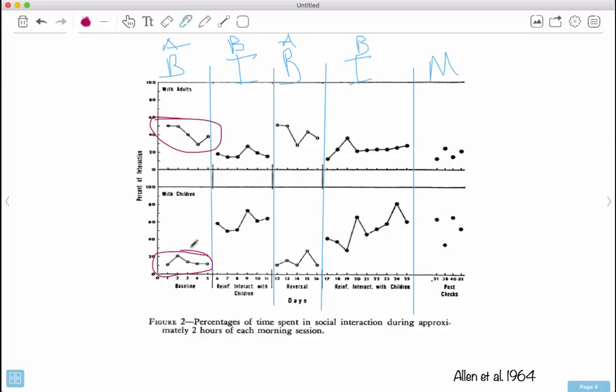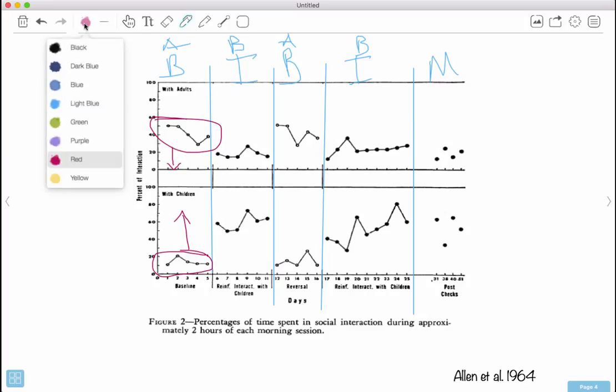And they wanted to increase the amount of time that the students interacted with children and decrease the amount of time that the students interacted with adults to make them have more socially appropriate interactions during their time at school. So they introduced an intervention that would reinforce behaviors for the students any time that they interacted with children.